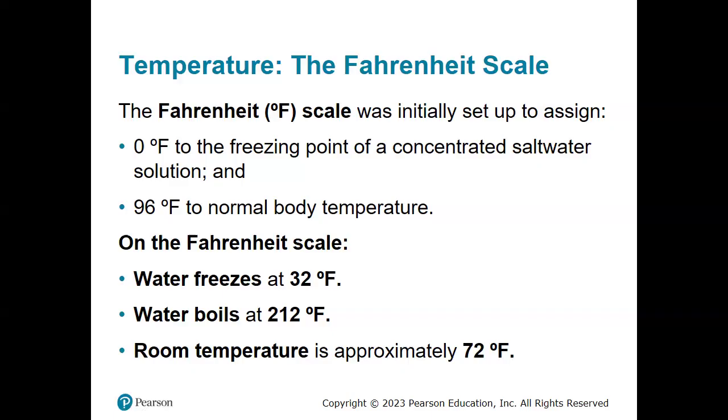So a couple of weird issues there. The result of those definitions is that we get water freezing at 32, boiling at 212. And so that represents a 180-degree difference between those two very common measurements of temperature.